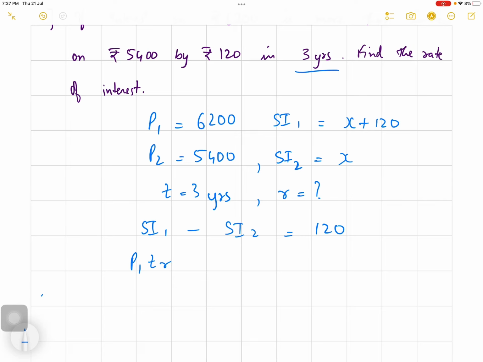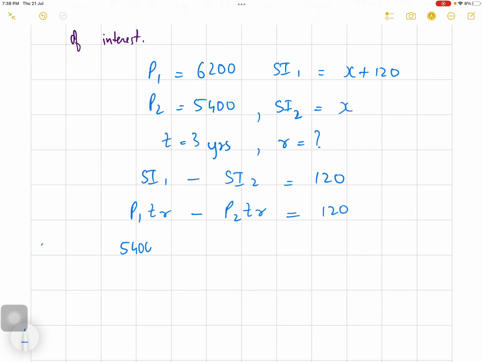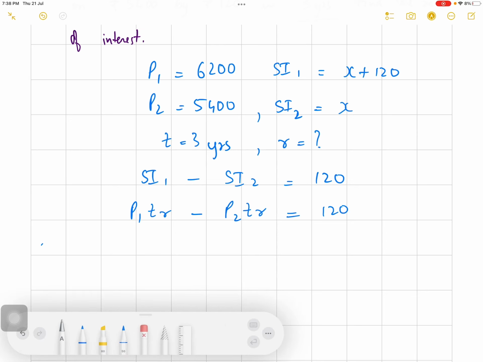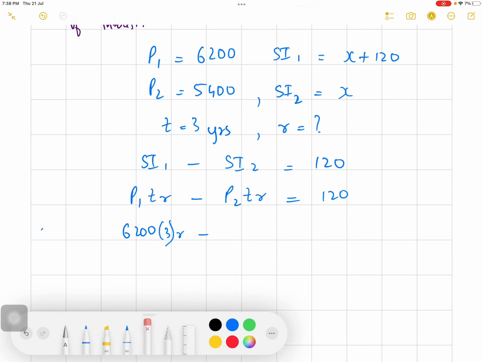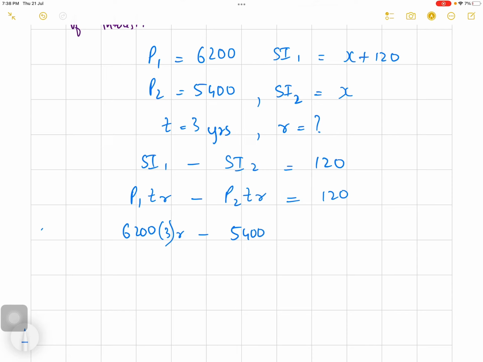So P1 is 6,200, T is 3 years, into 3 into R, minus simple interest 2, which is P2 into T into R, where P2 is 5,400, T is 3 years only, same, and R we don't know, is equal to 120.